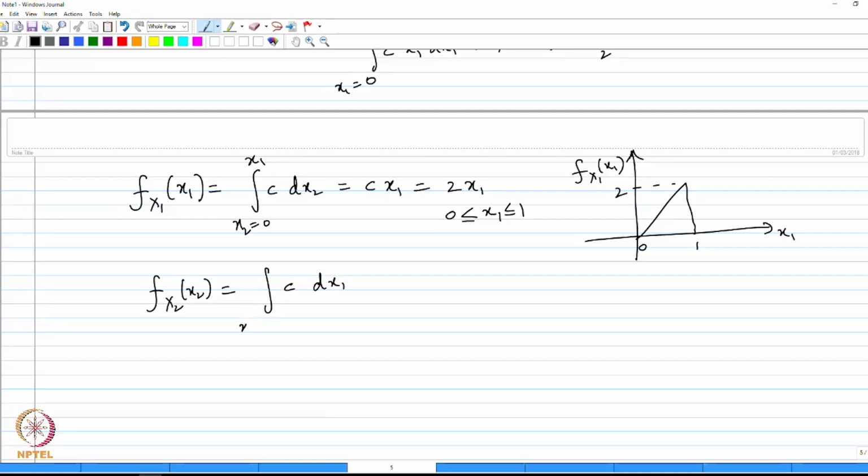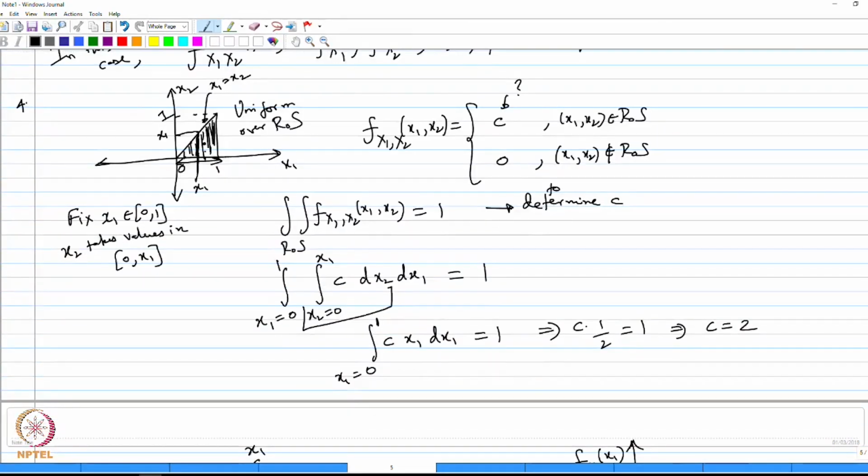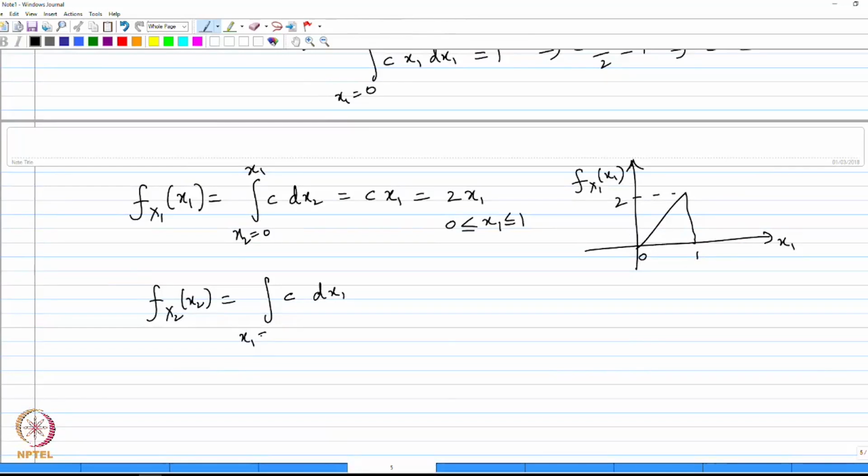But what is the range of x1? If you look at the range of x1, if you fix an x2, this point is also x2. So if I fix an x2, x1 goes from x2 to 1. So the range is slightly different. x1 goes from x2 to 1.